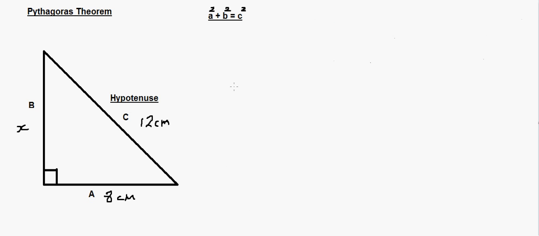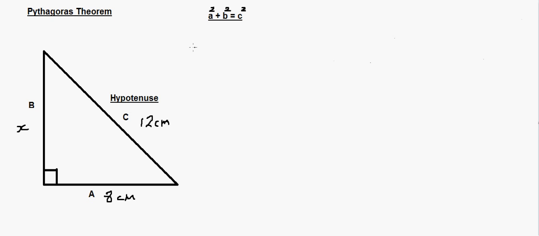Okay, so we're back now and we have a slightly different question. We know the length of the hypotenuse here. Normally we would be looking for it, but this time we know it. We also happen to know this side, but they want us to find this side.